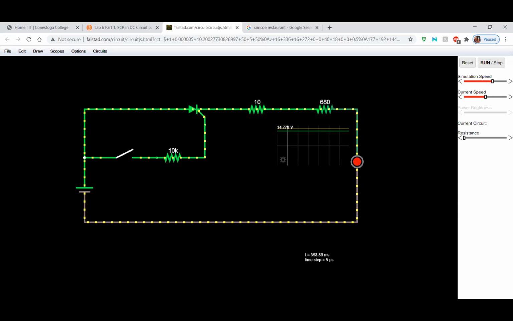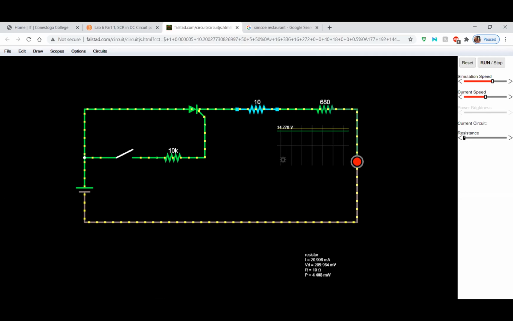So right now, the SCR is working in a DC circuit, and it will remain on until I increase the resistance in my circuit using this slider. When I increase the resistance, which is connected in series with my load, I want you to see what's happening to the animation of the current, which is flowing around this closed loop.